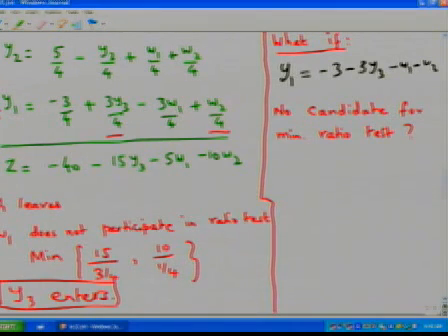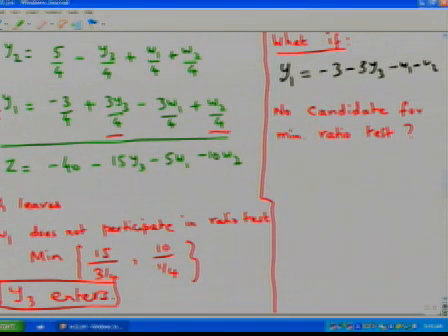You can't make any further steps. So perhaps the problem is infeasible. How do you see that? Well, remember that all the variables are non-negative, right? So in particular, y3 is non-negative, w1 is non-negative, and w2 is non-negative.